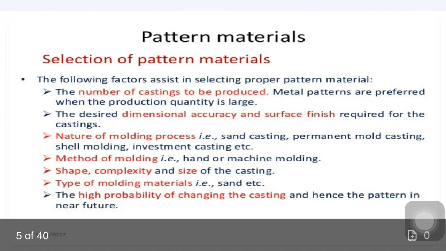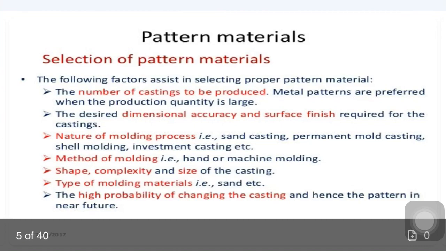Now the second criteria, which is the design, dimensions, accuracy, and the surface finish. Whenever you are selecting a patent material, you should consider what kind of dimensional accuracy you require, and what kind of surface finish you require for the casting. Based on your applications and needs, you have to choose the patent material.